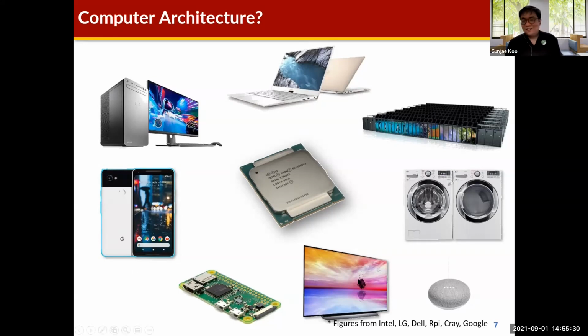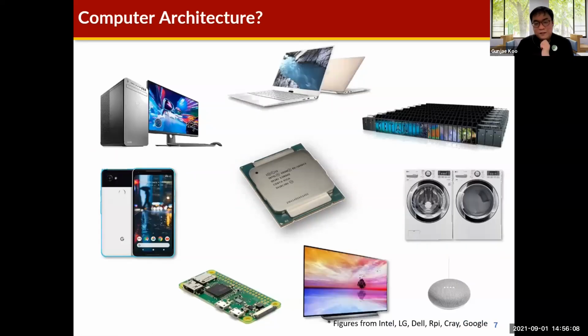Okay, these are computers, and these electric devices include a CPU. If the CPUs can run general purpose programs, then those are computers. Even this washing machine includes a CPU. So computer is everywhere.